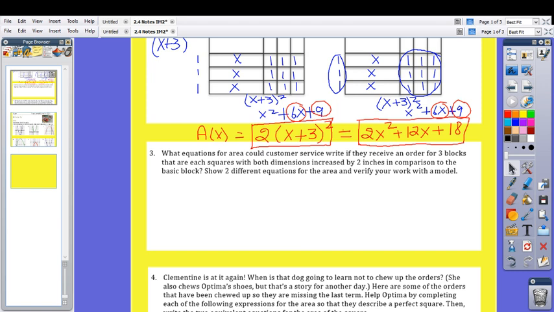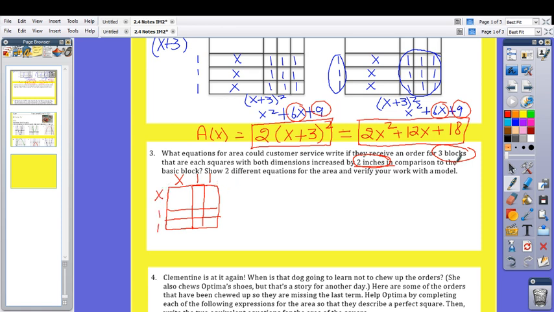Now this one is, we have to write the equation for area. If they receive 3 blocks, okay, that are each square dimension, now increased by 2, that means if you are drawing it, then if this is x, this is original x, but it is increased by 2 inches, so this is 1 and 1, and because this is square, so the other side will also be this.